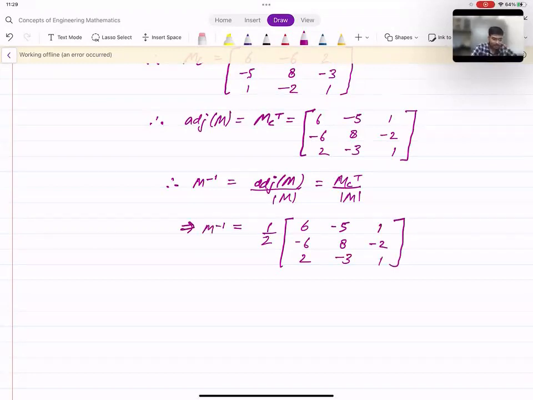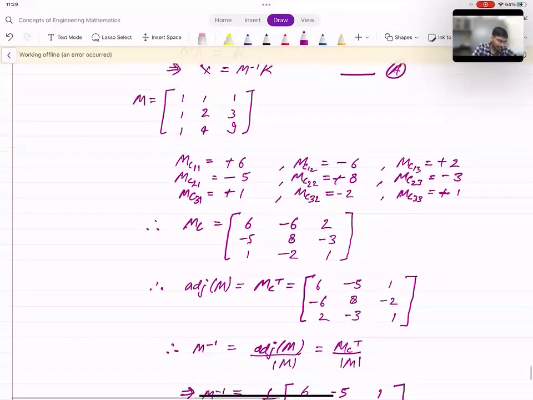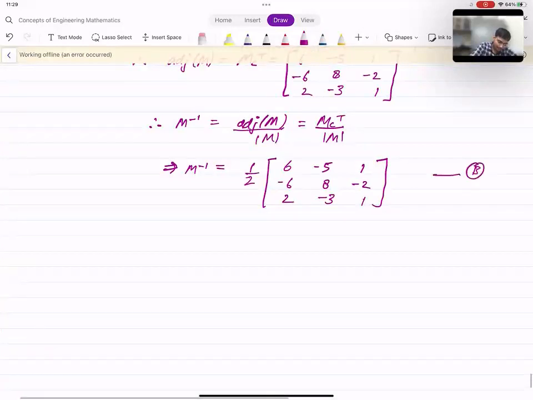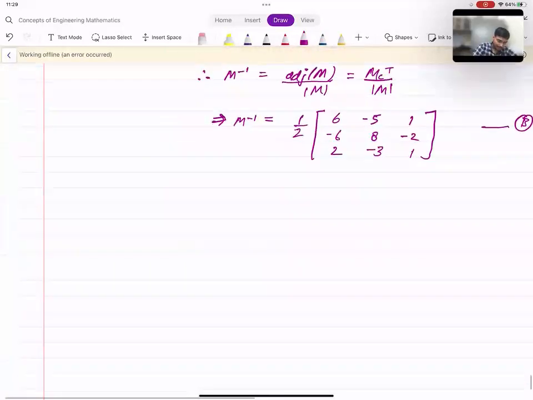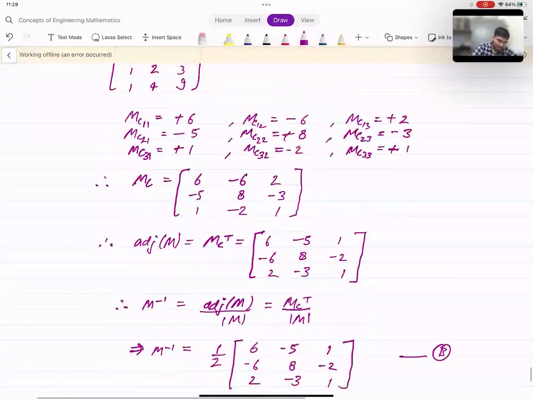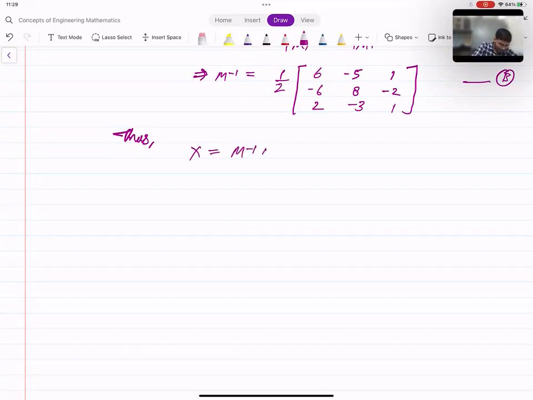Using this, we can now find the value of X. Let's say this is equation number B. From B and A, we can say that X is M inverse K. Let us write the values.